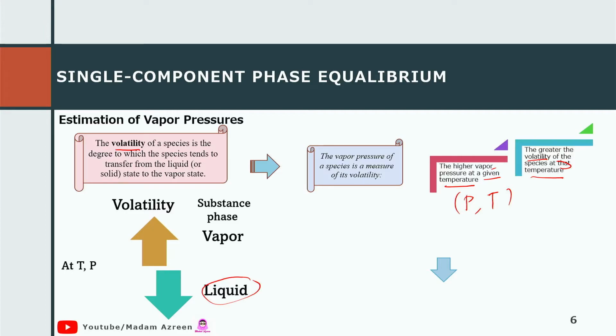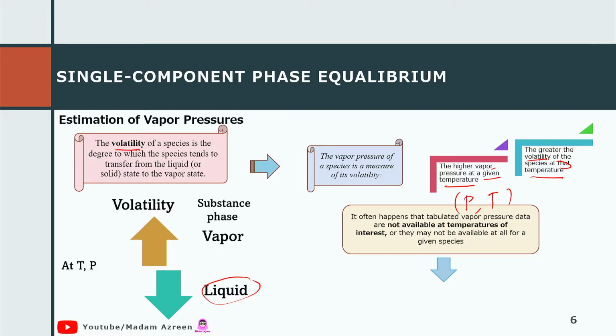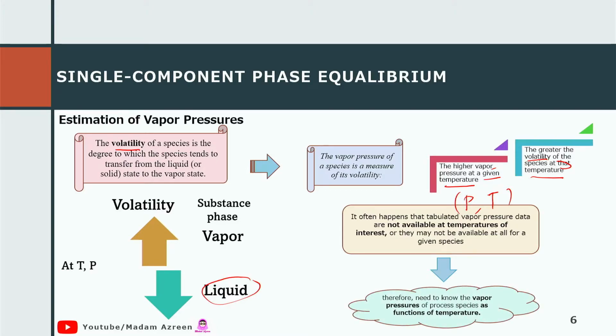Scientists have already tabulated a lot of vapor pressure data. However, it comes to a situation whereby the vapor pressure is not available at the temperature of interest. So they need an equation, a relationship to relate vapor pressure and temperature, so that you can find the vapor pressure at any temperature.